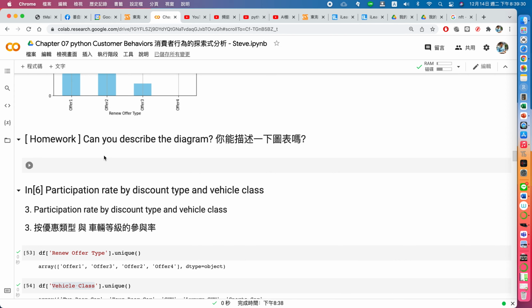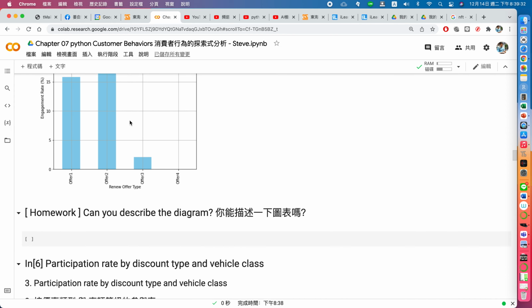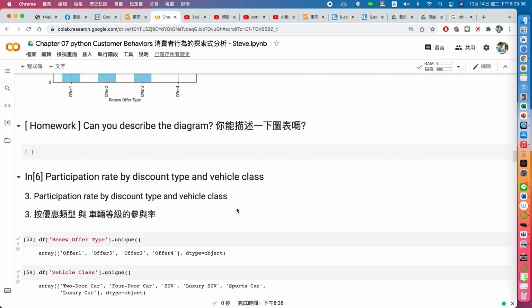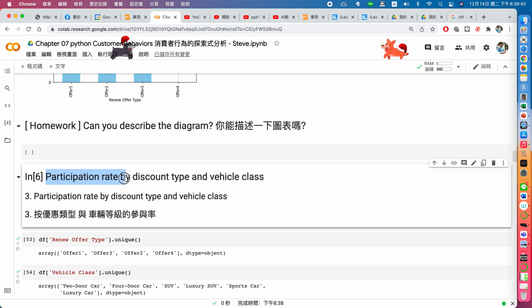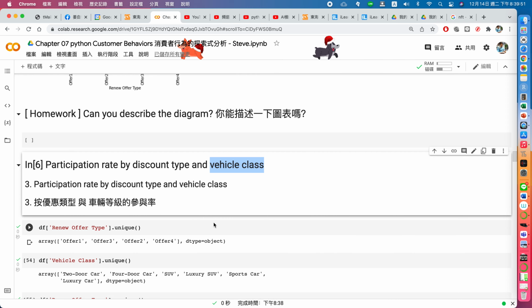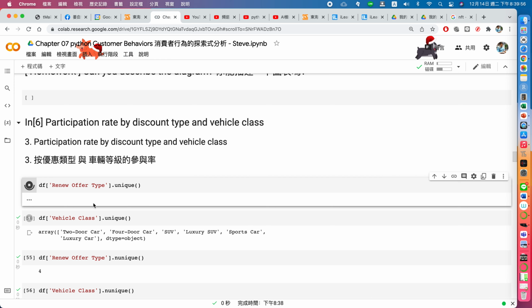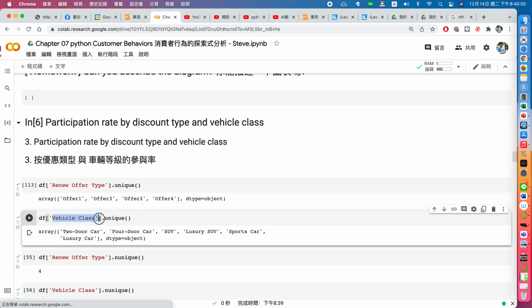Okay, so can you describe the diagram we just created? Later we have to show the participation rate by discount type and also by vehicle class, two types. Renew offer type, we have done it before. What is the vehicle type?